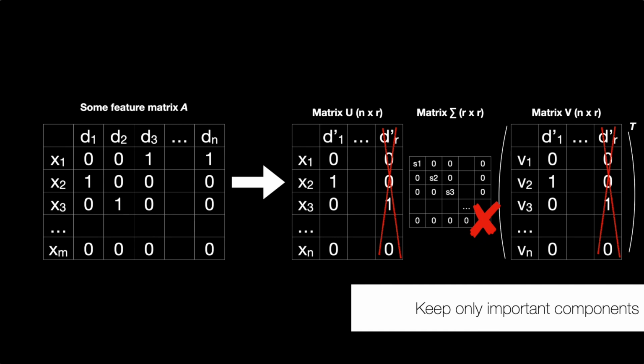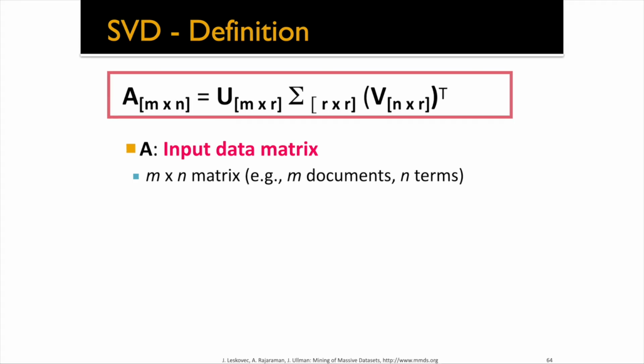We can sort these dimensions by the magnitude of these S sub 1, S sub 2, S sub 3 values to tell us which are the most important dimensions, or what is the order of the most important dimensions that we want to keep. Let's talk about how this works.